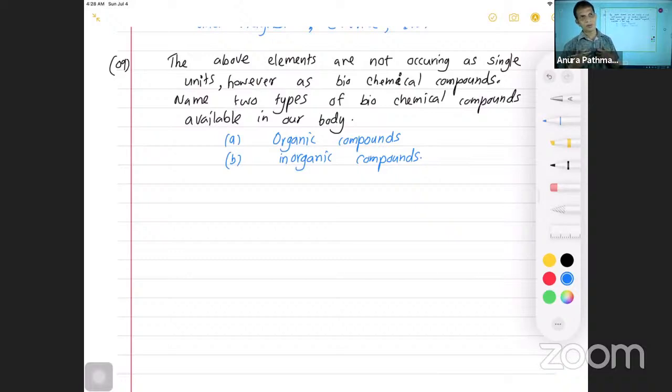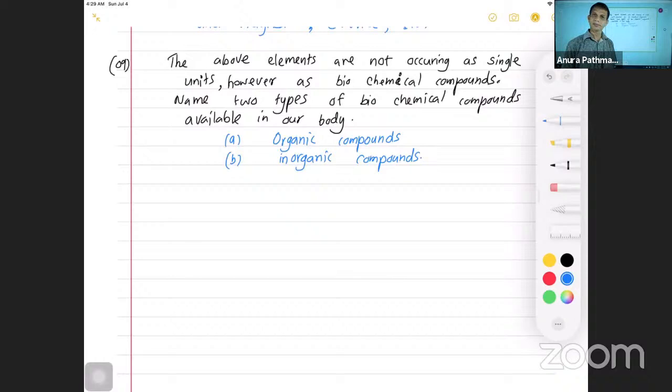Normally the organic compounds are made by living organisms, and we are going to study these two types of compounds. But the inorganic compounds may have carbon, for example carbon dioxide, which is an inorganic compound.